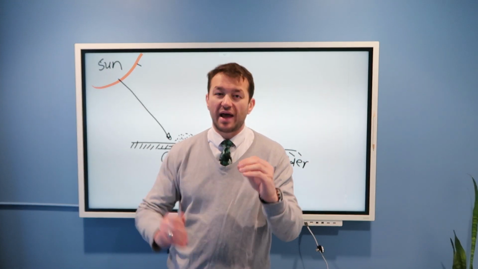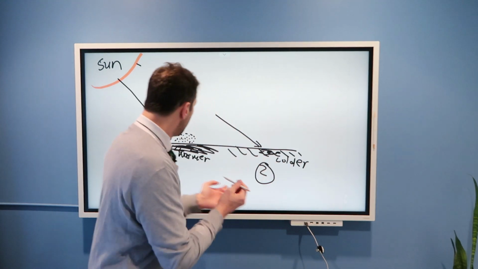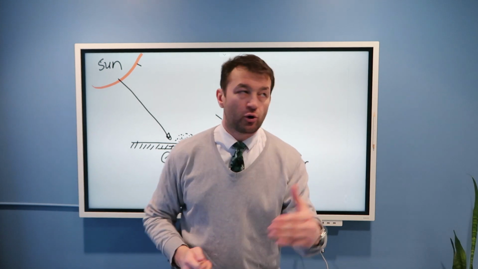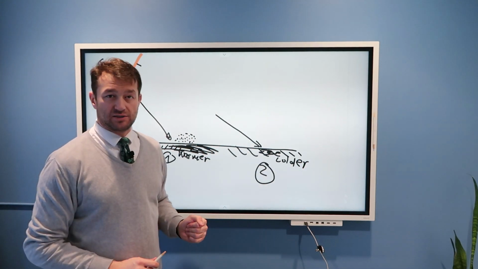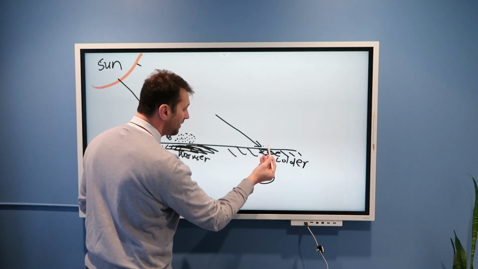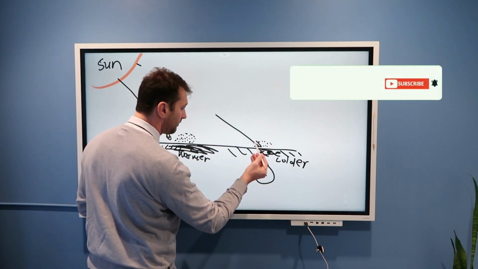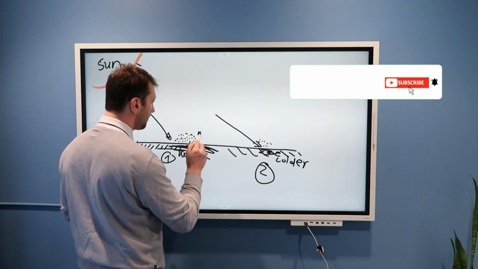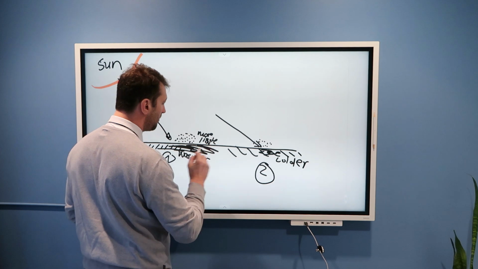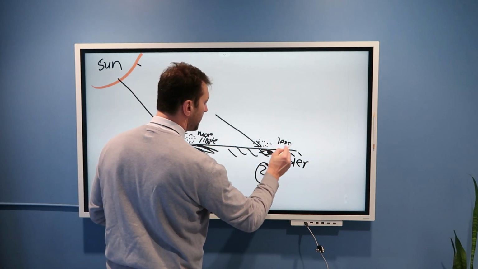Thermal conduction has to happen close to the surface because convection cannot occur in the solid surface. So we have to have conduction. But here we have less jiggling. More jiggle, less jiggle.